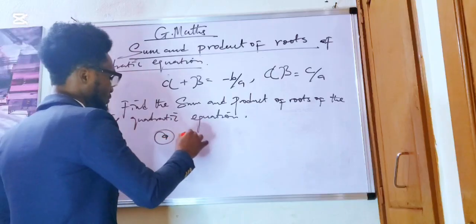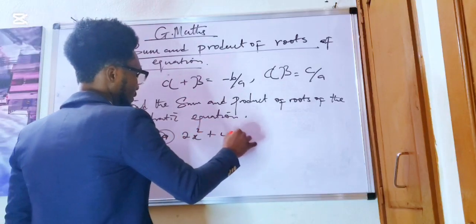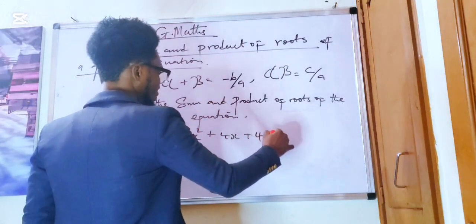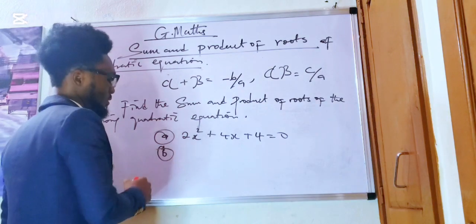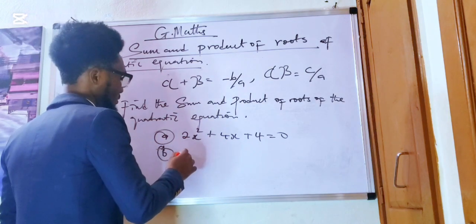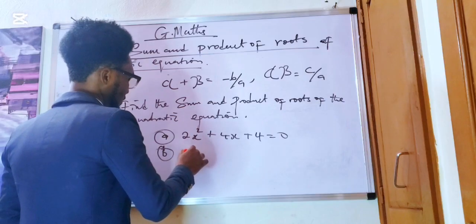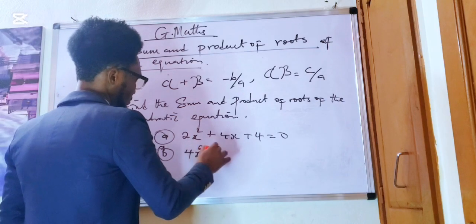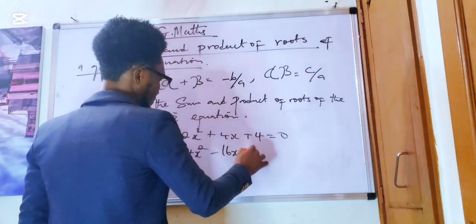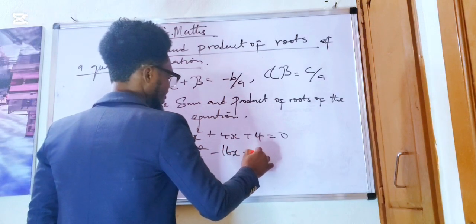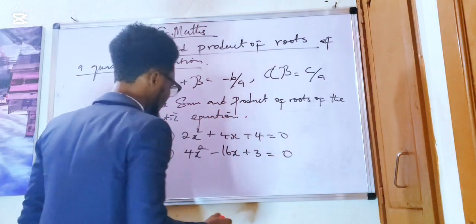Let's have the first equation as 2x squared plus 4x plus 4 is equal to 0. Second equation, let's have something like 4x squared minus 16x plus 3 is equal to 0.